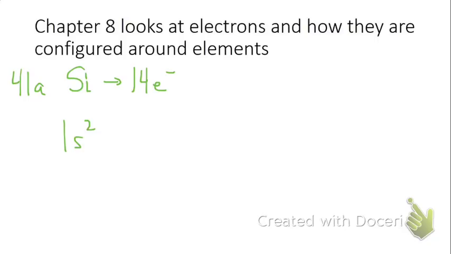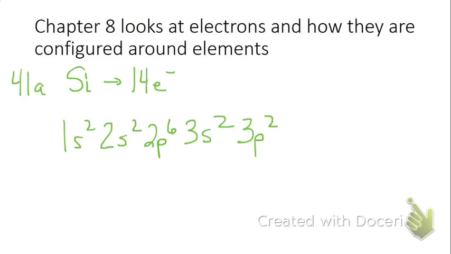Well, we're not done with the 14, so we have to do a 2s. Well, we've used 4, we still haven't used all 14, so we go to 2p, which is a 6, 3s, which is a 2, so now we've used 2, 4, 10, 12. So we're going to finish off with this right here, 3p2.